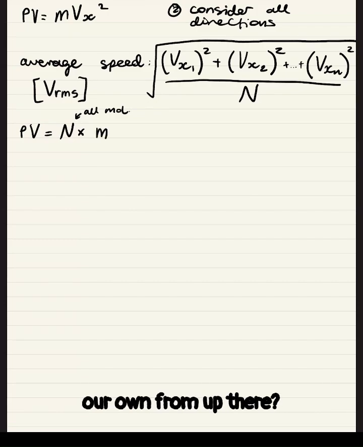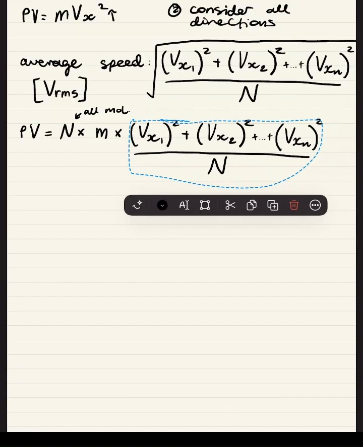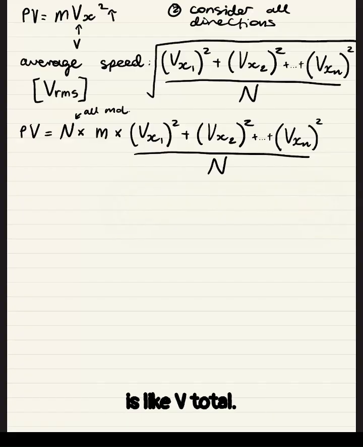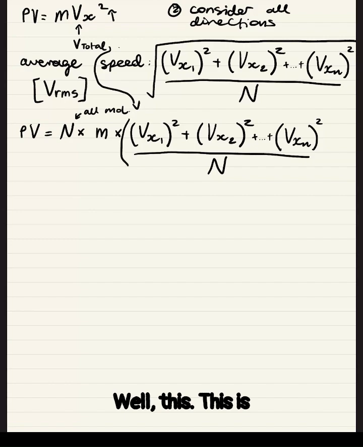Then we have our m from up there, and because this is squared, if we sort of used the average speed, so this is like v total, that would be v total, where this is in brackets by the way, which is why this is equal to the v root mean squared.